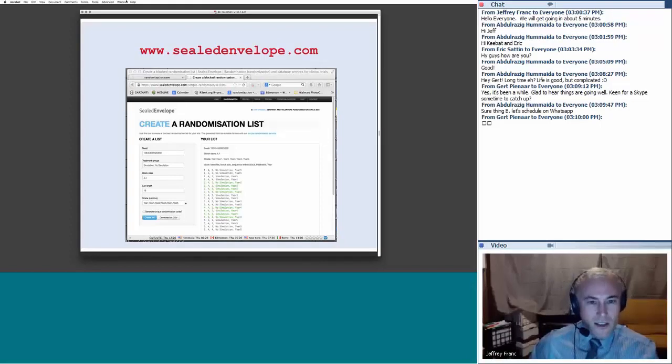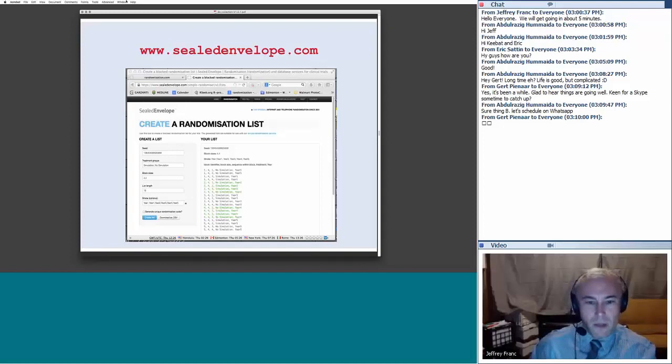So here's a website called Sealed Envelope, and you say, what are my two groups? Okay, and we say I have two groups. There's simulation and no simulation. And the strata here, which are the years, year 1, year 2, year 3, year 4, and year 5. And you can see here that we want blocks, right?